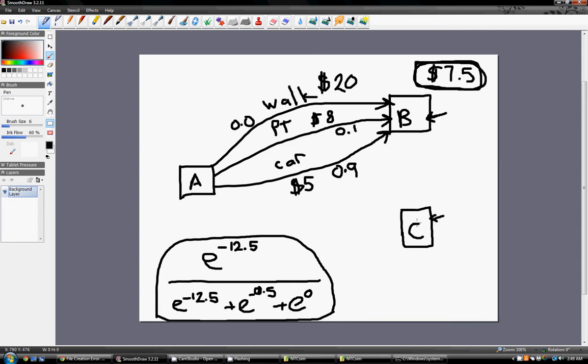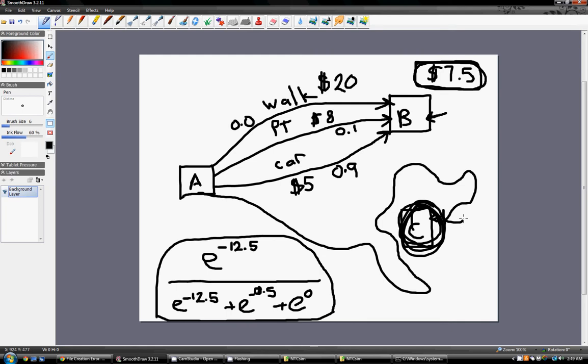And we can do the same for C, by all the modes for getting to C, and that will tell us the mode split between each pair, and also how many more trips there will be between A and B than between A and C. So if it's really costly to get to C, you have to drive a long way to get there by car, and so the car generalised cost is not $5, but let's say it's $50 to get to C, then you're going to have many fewer trips to C than you are to B.